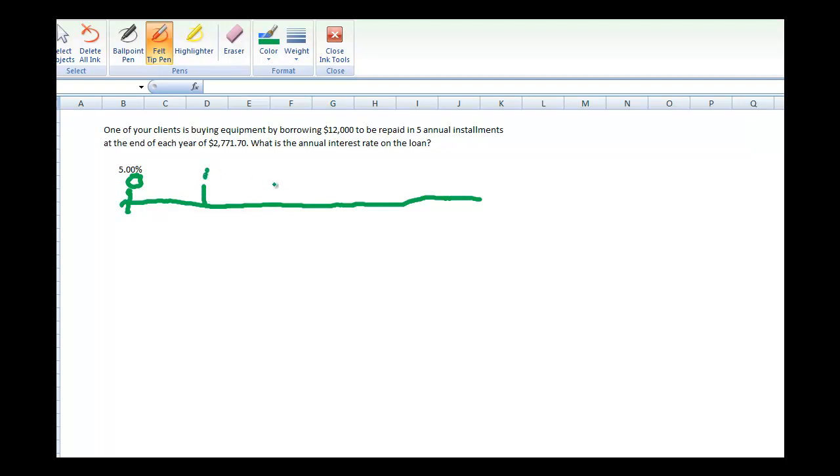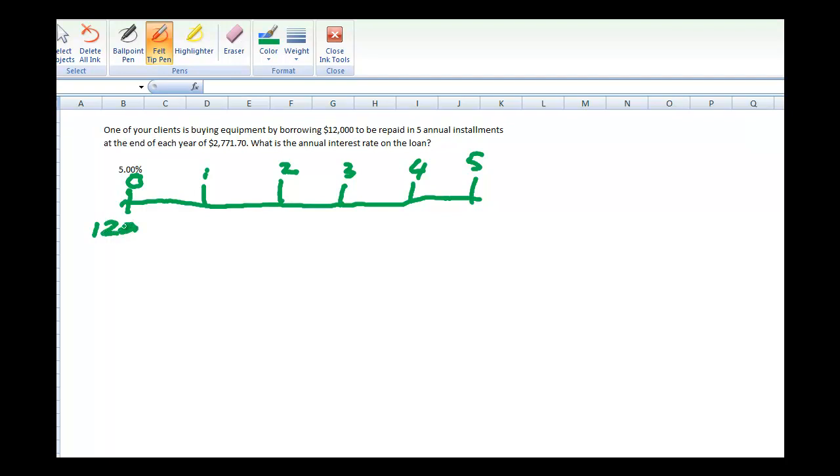And we have year 1, we have year 2, we have year 3, year 4, and then out here we have year 5. Okay, so we've received $12,000 because that's what we borrowed.